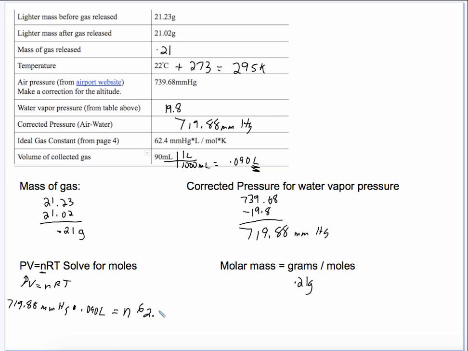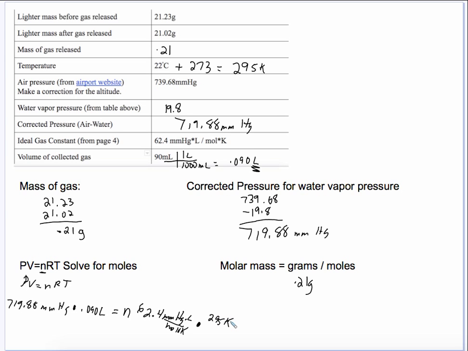When we're using millimeters of mercury, the constant is 62.4 millimeters of mercury times liters divided by moles kelvin. Sorry, this is messy writing. That's just one big long unit. We take that times the temperature in kelvins, 295 kelvins.